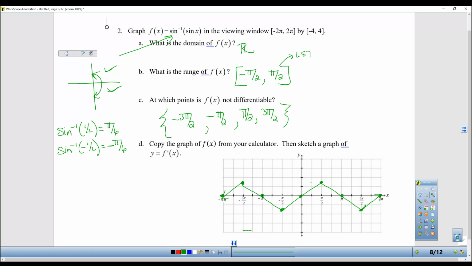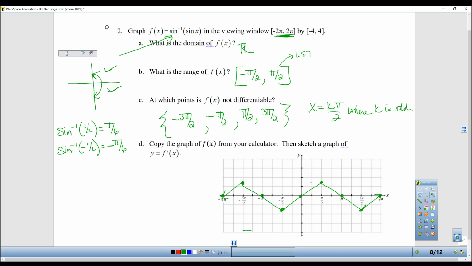That is the set of numbers where it is not differentiable. Could you have said it differently? You could have said x is equal to k pi halves, where k is odd. And that would have been okay too, if you thought of that. But since it was a restricted window, I decided it was also a pretty limited number of things I could do. All right, here's the fun part.